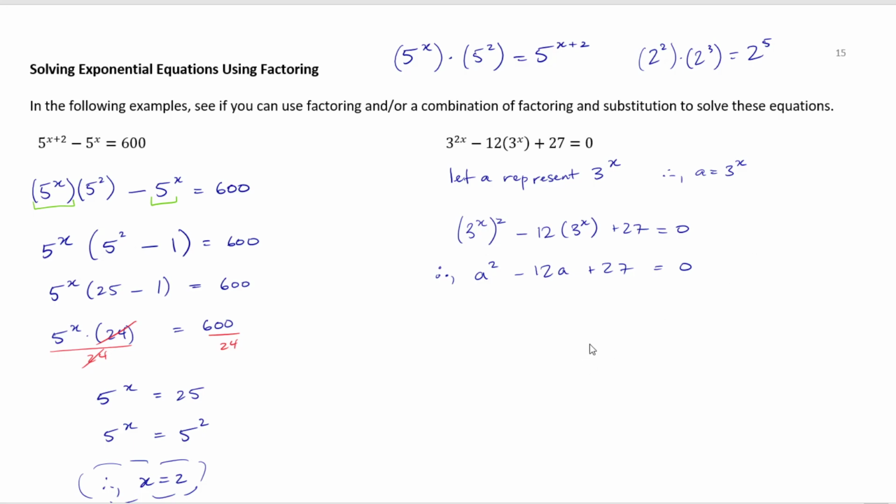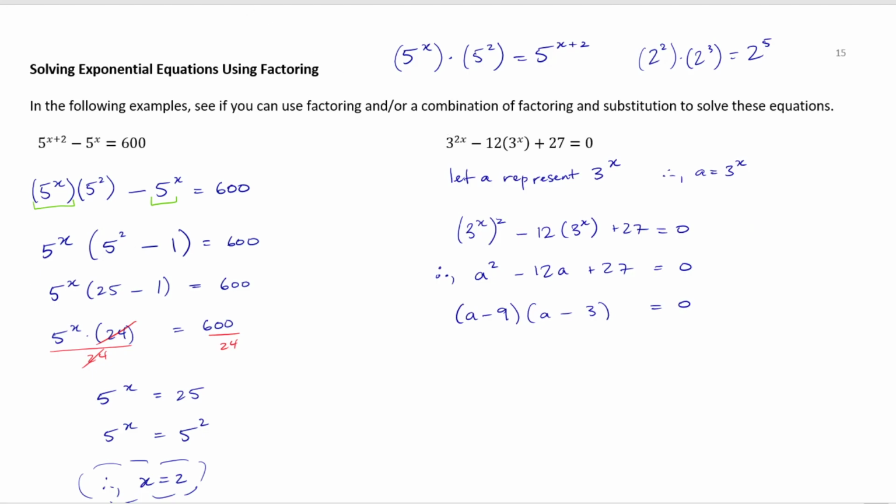And now what I can do is use factoring here. And so I can factor this into two factors. So two numbers that multiply to give me positive 27 and add to give me negative 12. Well, that is (A minus 9)(A minus 3) equals 0.